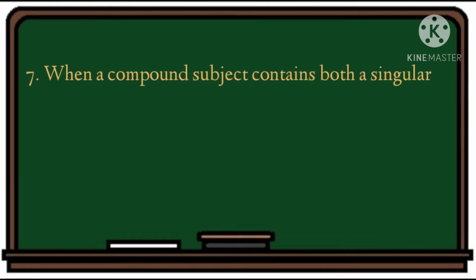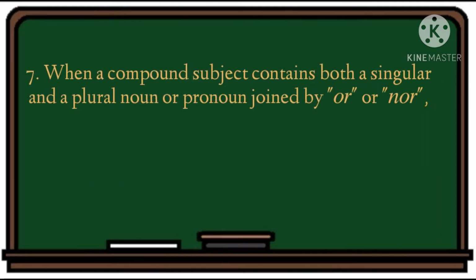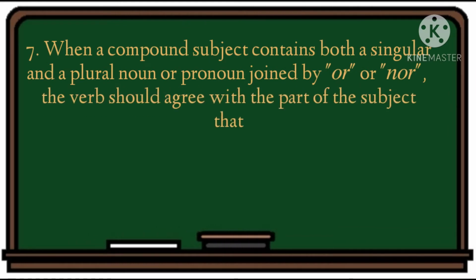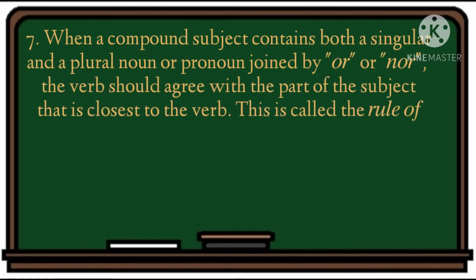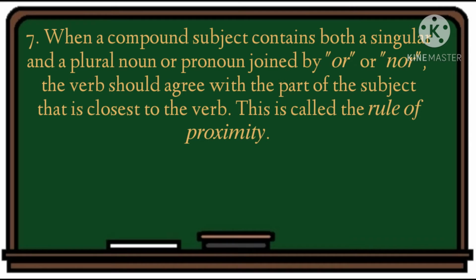Seventh, when a compound subject contains both a singular and a plural noun or pronoun joined by or, nor, the verb should agree with the part of the subject that is closest to the verb. This is called the rule of proximity.